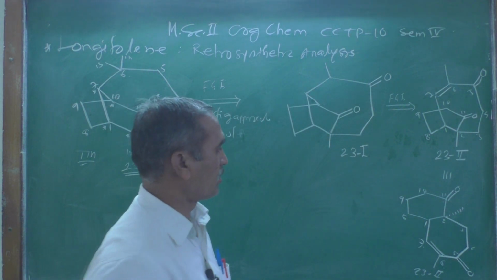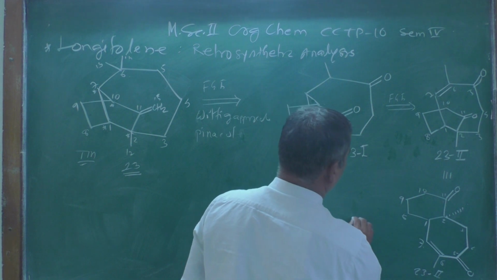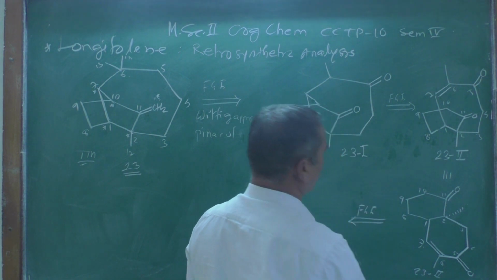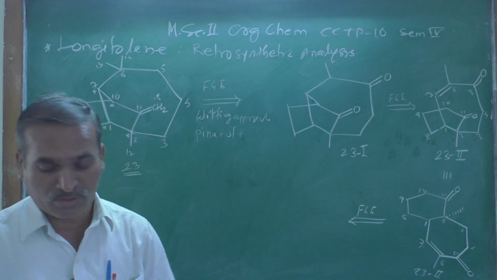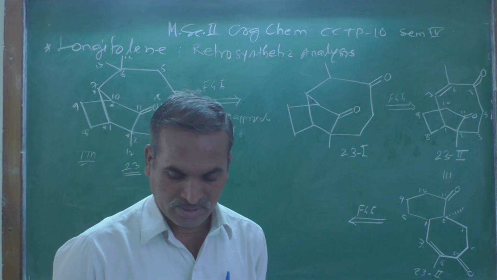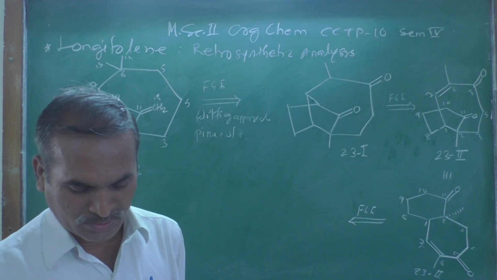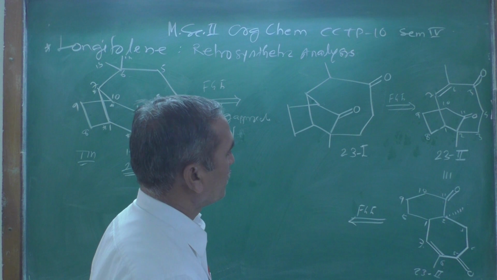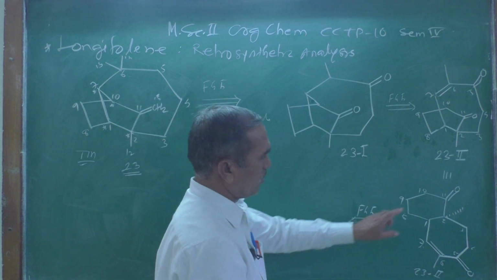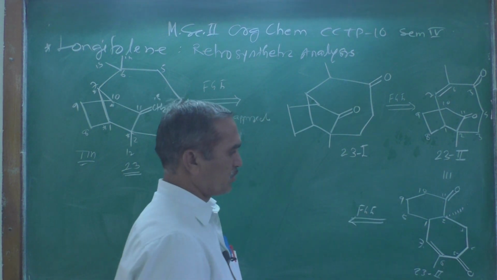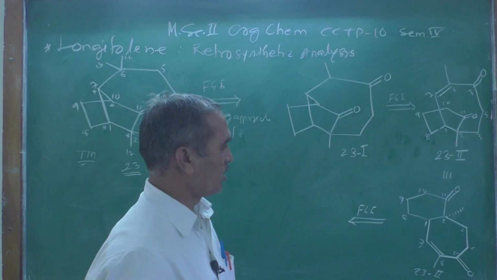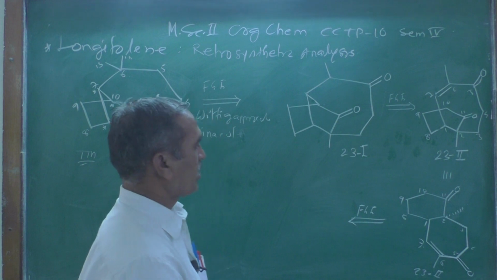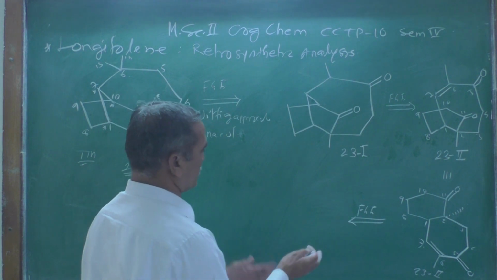After this one 6-membered ring, you can again carry out the FGI, functional group interconversion, and from the second you will get structure number 23 third. Now by using some special approaches, this 7-membered ring we can convert into a 6-membered ring.